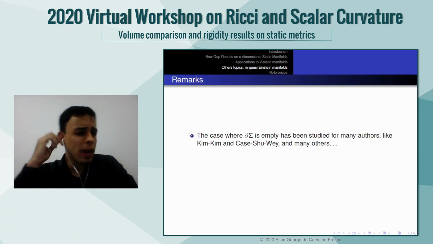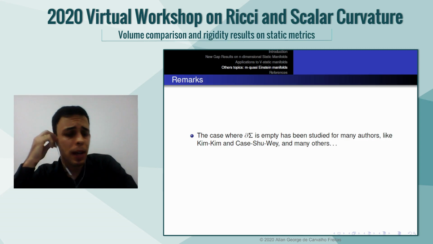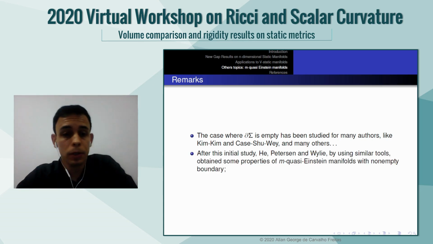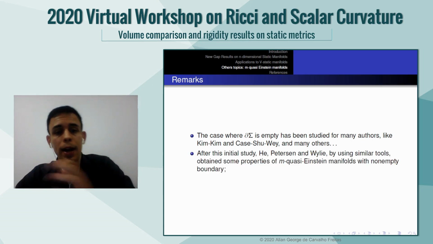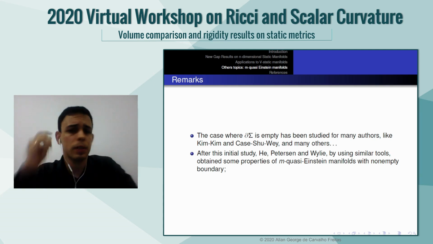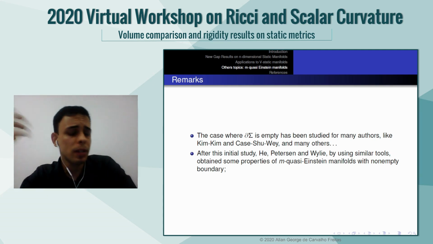And the case where the boundary is empty has been studied by many authors like Kim and Shin and many others, okay? And after this initial study of manifolds without boundary, Petersen and Wylie, by using similar tools, also obtained some properties of m-quasi-Einstein manifolds with non-empty boundary, okay?